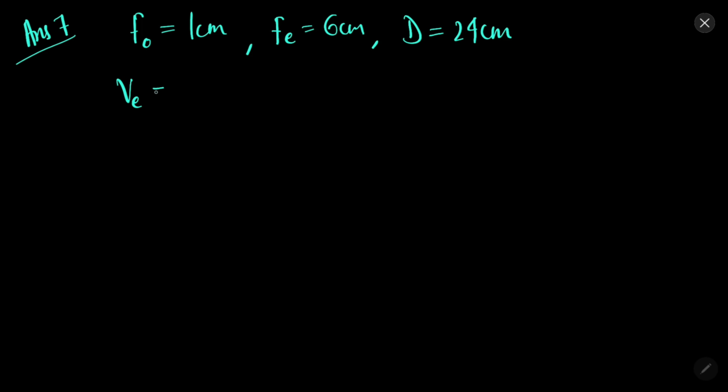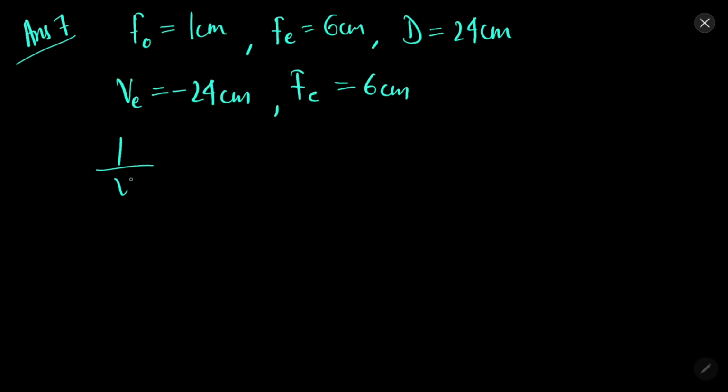So first of all, the objective lens has this focal length, the eyepiece has this focal length, and the final image will always be obtained 24 centimeters away. Now for the eyepiece we have VE equal to minus 24 centimeter and FE equal to 6 centimeter, because this is the final image by the eyepiece lens.